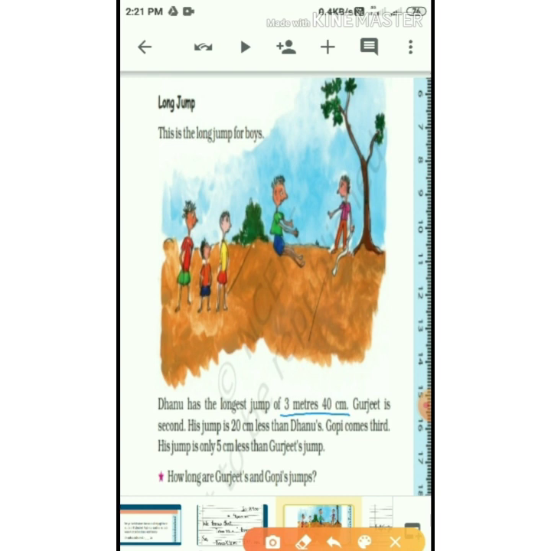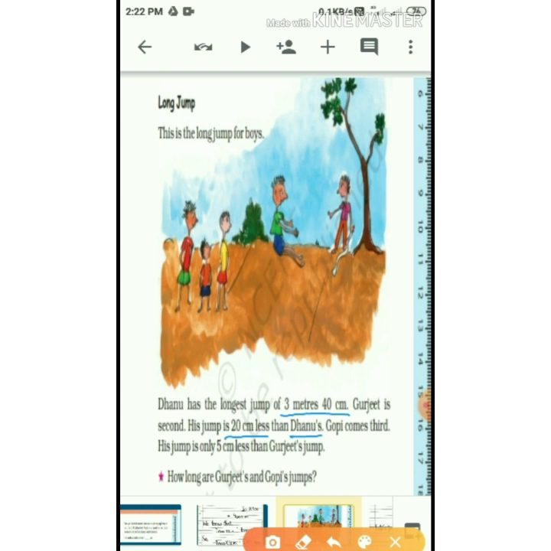Gurjeet comes second, and his jump is 20 centimeter less than Dhanu's. 20 centimeter less means we have to subtract 20 centimeter from Dhanu's jump. Okay, class? Dhanu's jump is 3 meter 40 centimeter, and Gurjeet's jump is 20 centimeter less.